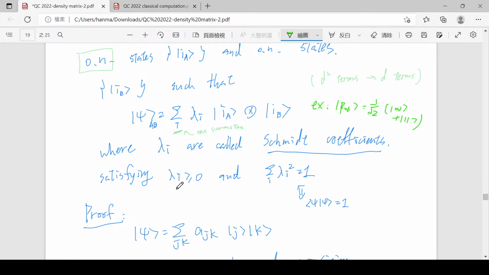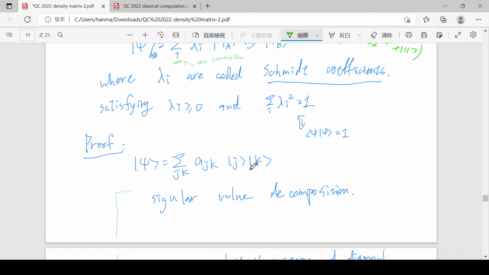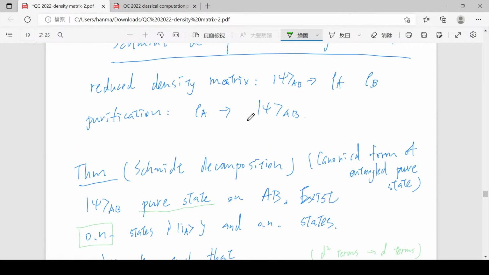And they are all greater than or equal to 0 just for our convenience, because we have freedom to choose this iA and iB. So if this lambda i has any phase, you can just absorb it into the definition of iA. Okay, so that's Schmidt decomposition.